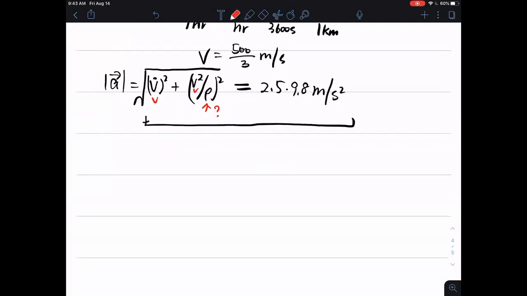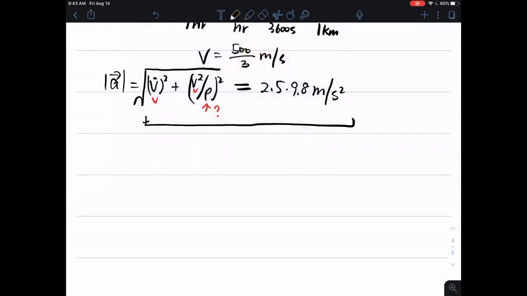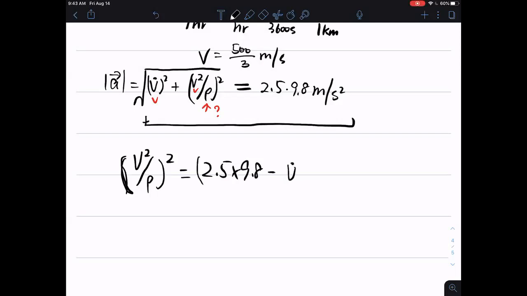So, okay, rho. V square over rho square equals 2.5 times 9.8 minus v dot square.